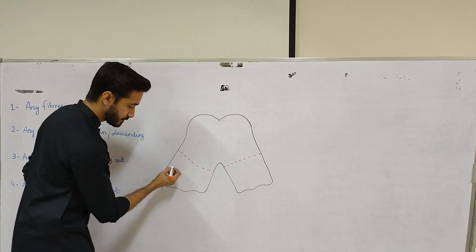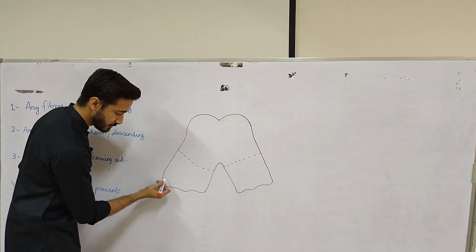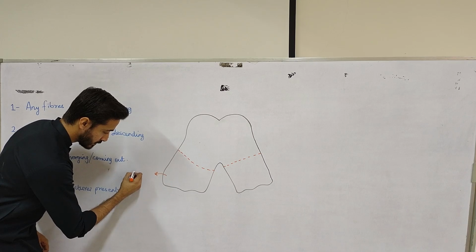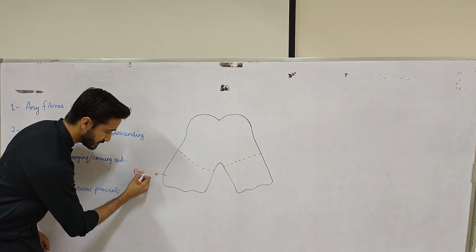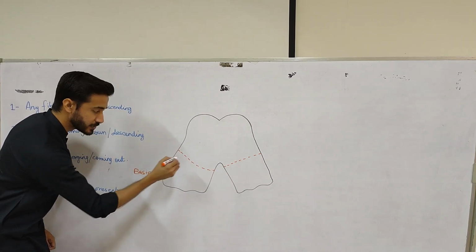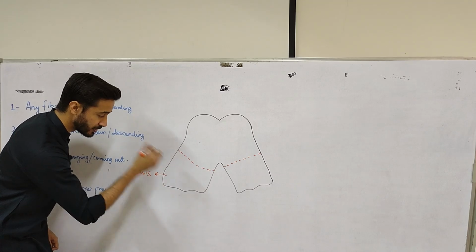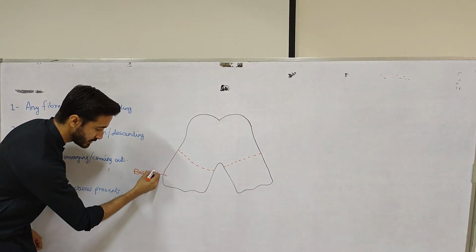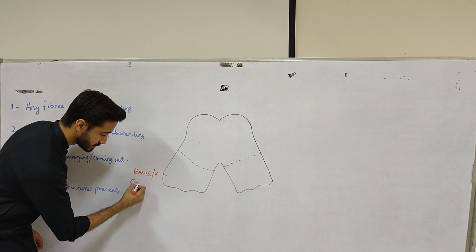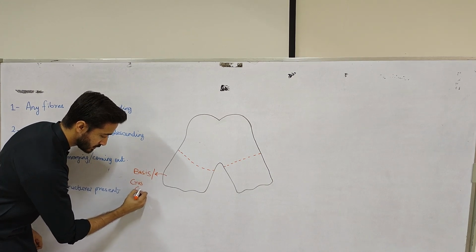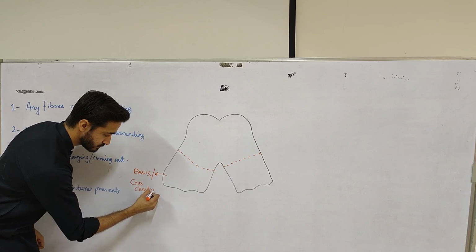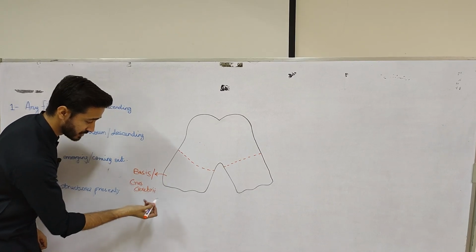So the first part, anteriorly, the ventral part, is called the basis, or when talking about the midbrain, it's specifically called the crus cerebri. Hopefully the spelling is right.